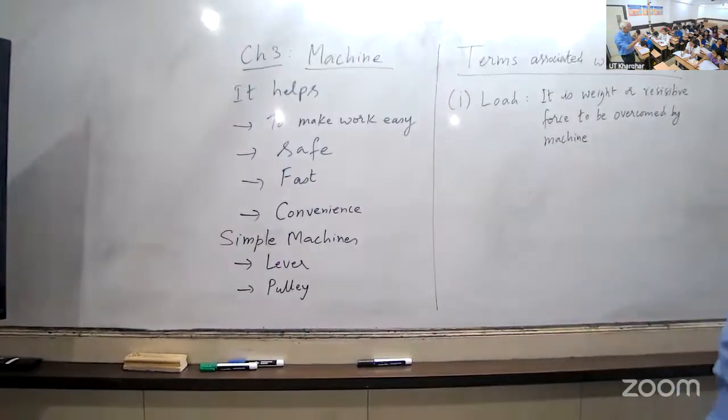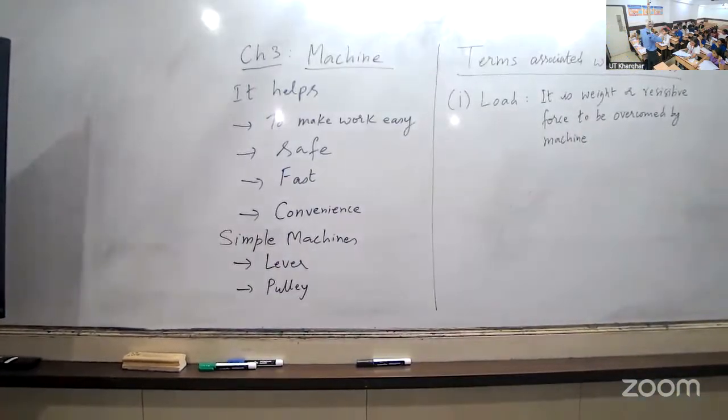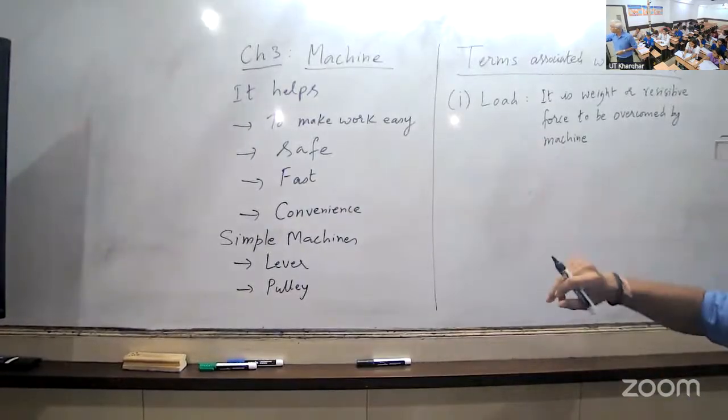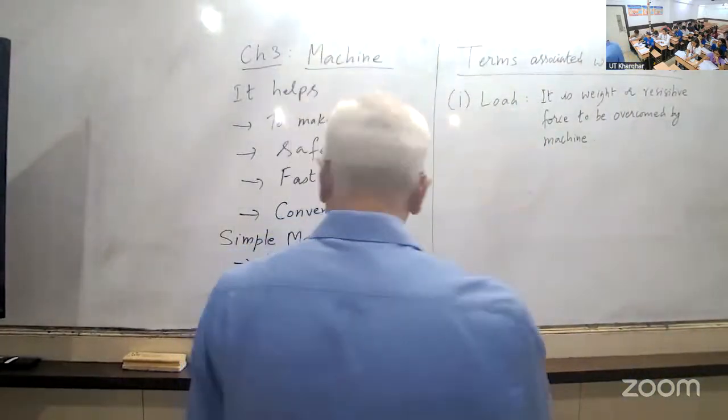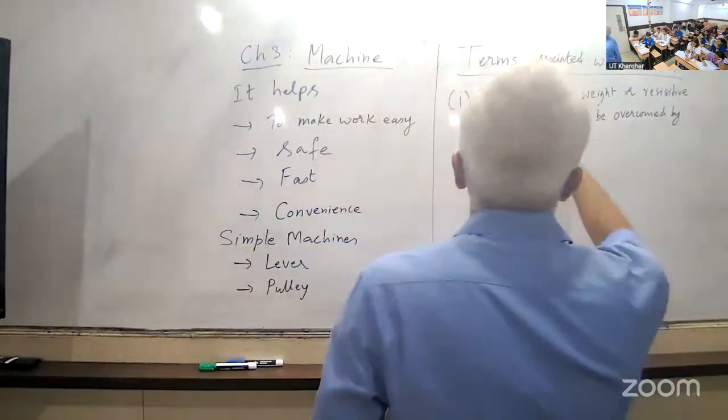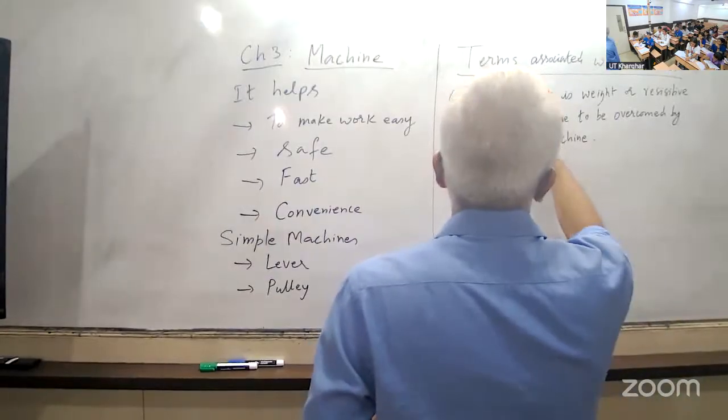So load is something on which the machine actually works. It lifts the resistive force or weight. So basically it is nothing but a force. Load is a force, right? How do we denote it? We denote it as L.